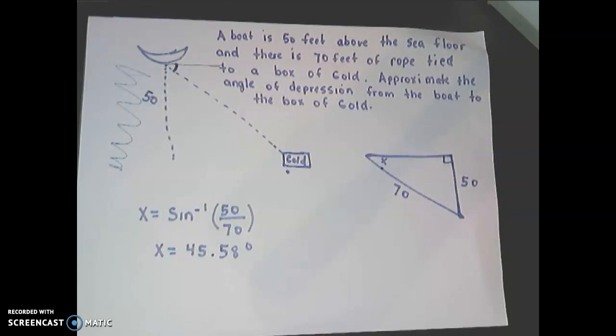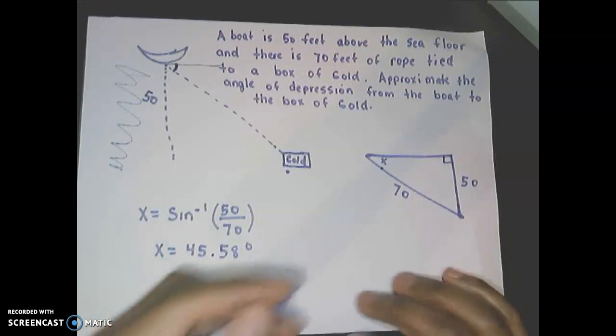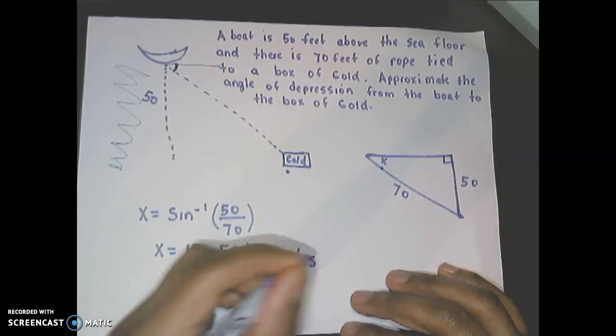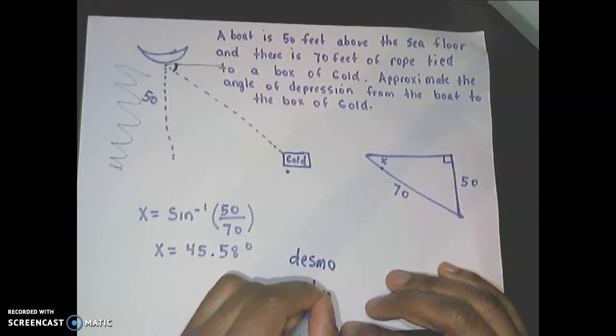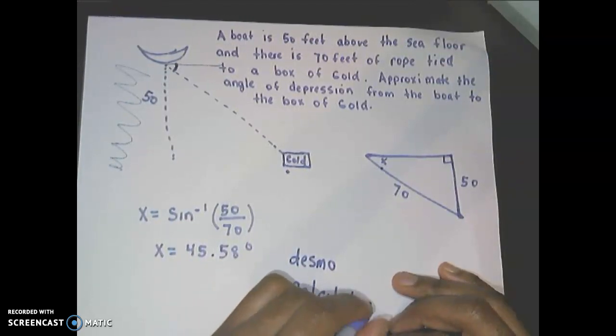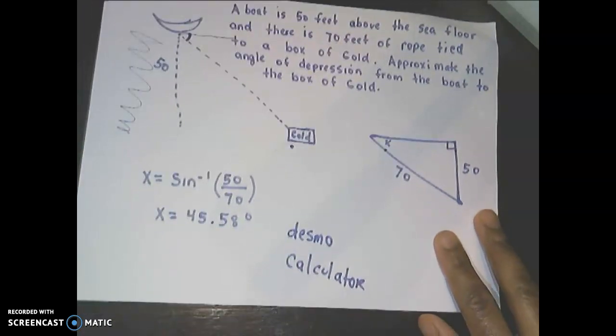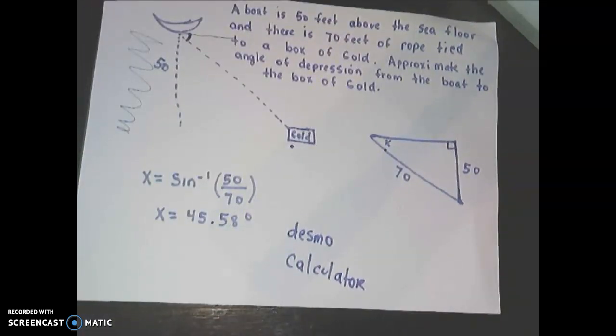If you do not have a graphing calculator at home, you can go to Google and just type in Desmos calculator. It'll pull up a calculator where you can do your sine inverse or tangent inverse.